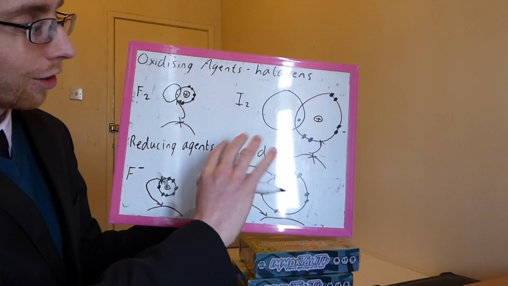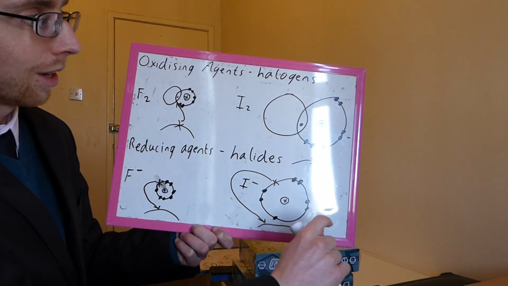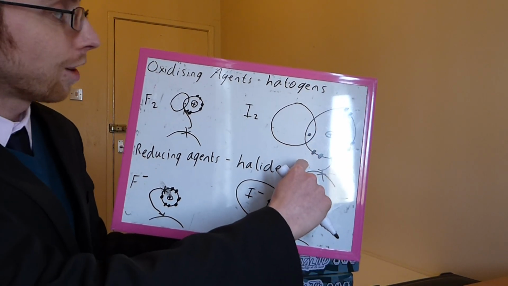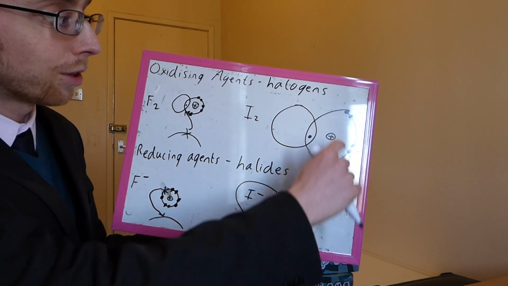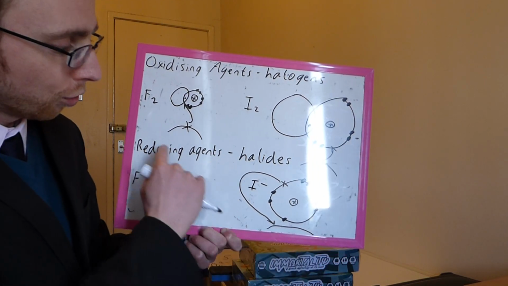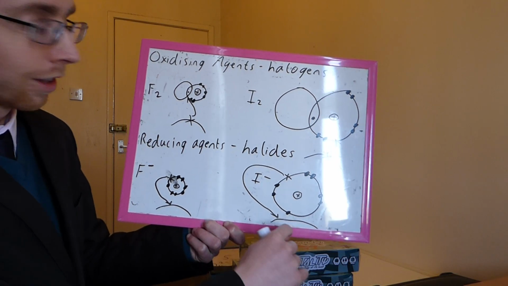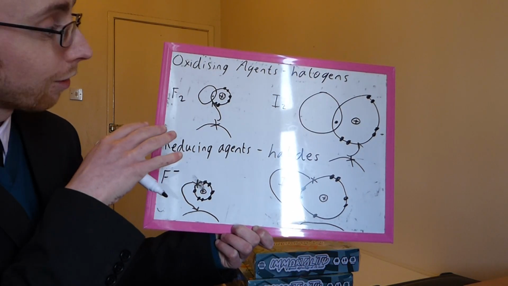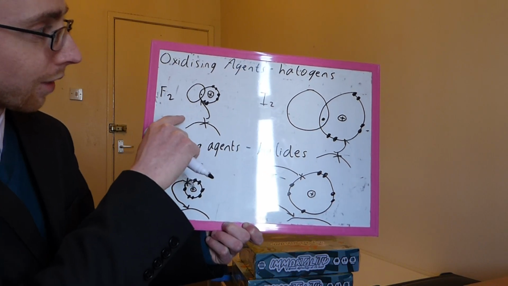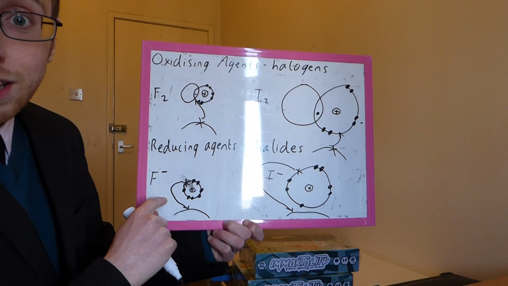And you can see a sort of reverse relationship here. Iodine, very bad oxidizing agent, very bad at pulling that electron, but a very good reducing agent, very good at then losing an electron to something else. Fluorine and fluoride, the other way around, very good at accepting, very bad at donating.